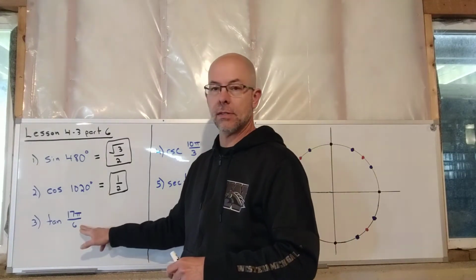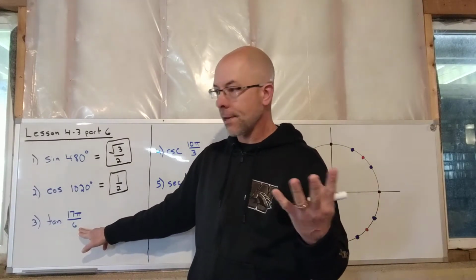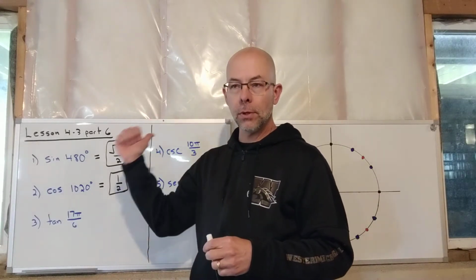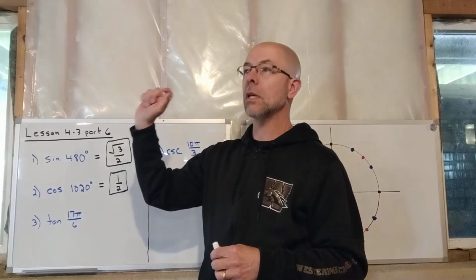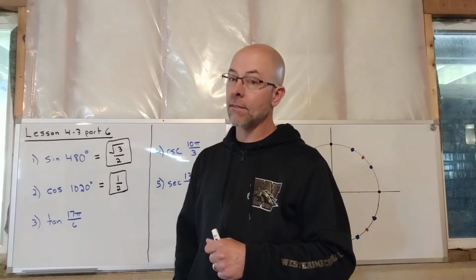17 pi over 6. Guys, if that's a 6, that's a 1/6 counter. It's not a 4. So here's the deal. When you counted the blue, blue, black, blue, blue, black, we went 1/6, 2/6, 3/6, 4/6. I got to count all the way to 17.